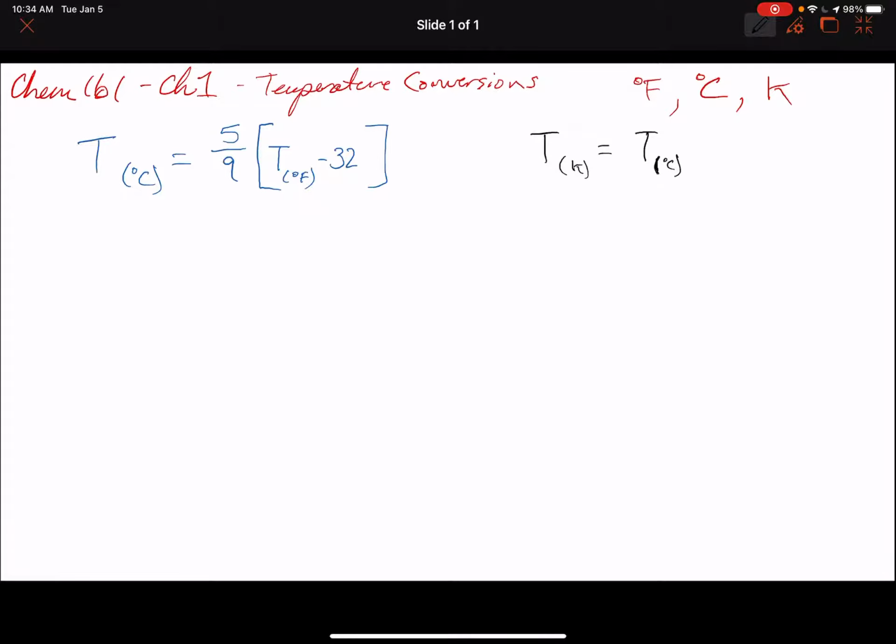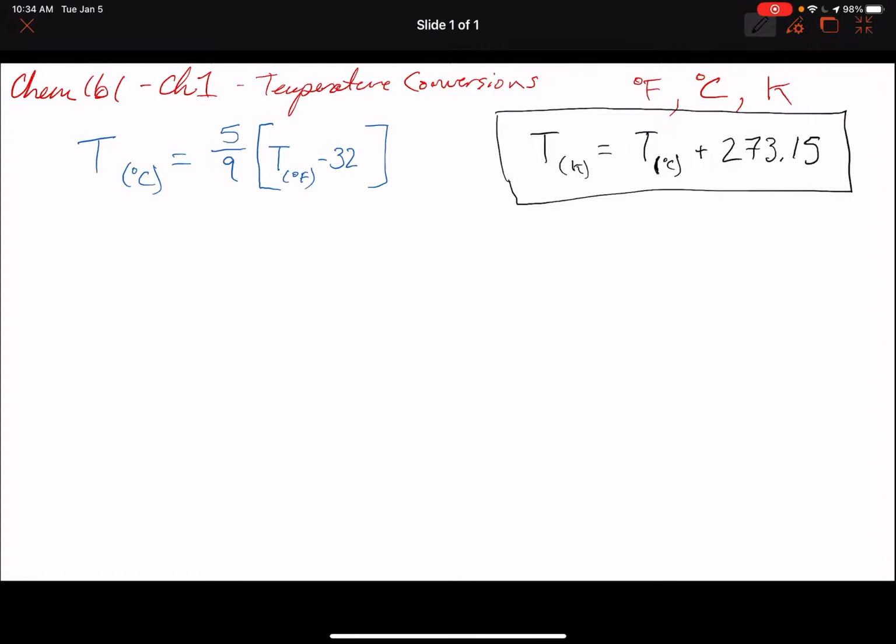We have to take that degrees Celsius information and add a value representative of the absolute zero origin for temperature. Okay, so this value is going to be 273.15 degrees. All right, so those are our two equations to help us convert temperature between the three different sets of units that are known in everyday and scientific literature.